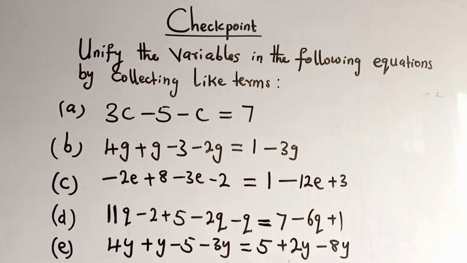Number D says 11q minus 2 plus 5 minus 2q minus q is equal to 7 minus 6q plus 1. Then number E, that's the last one, says 4y plus y minus 5 minus 3y is equal to 5 plus 2y minus 8y. All right, let's check out the next example.